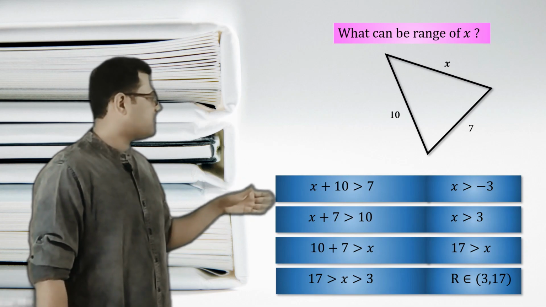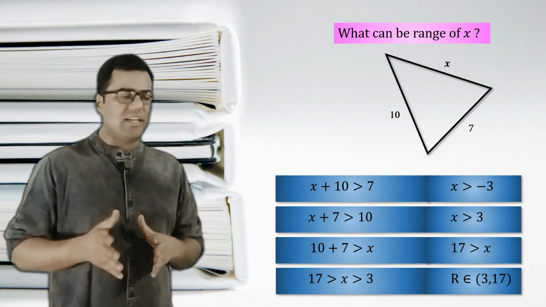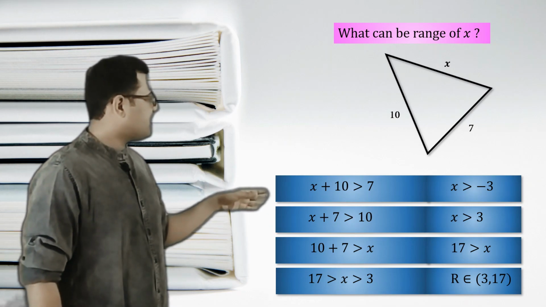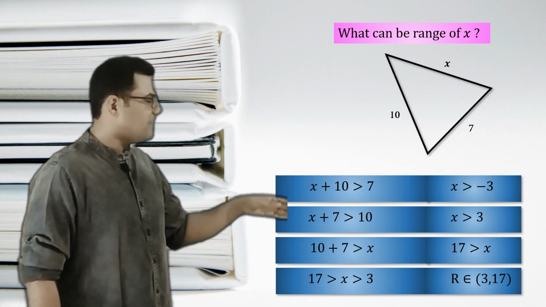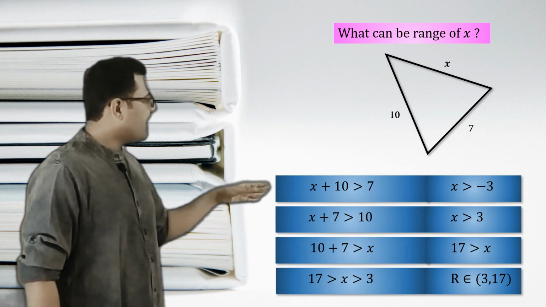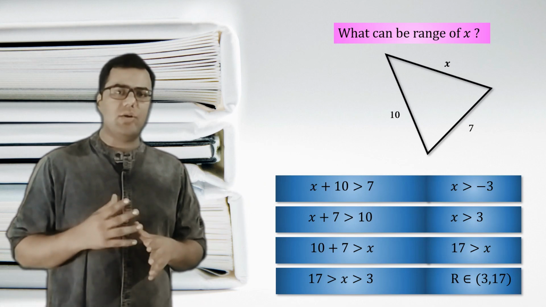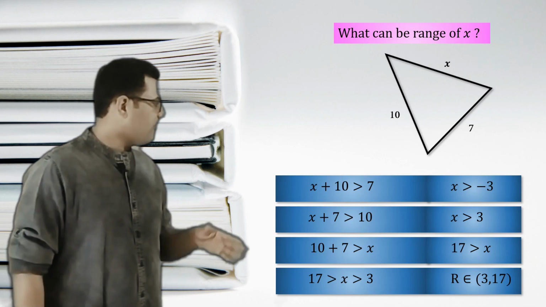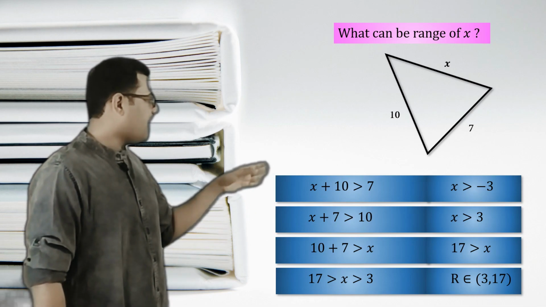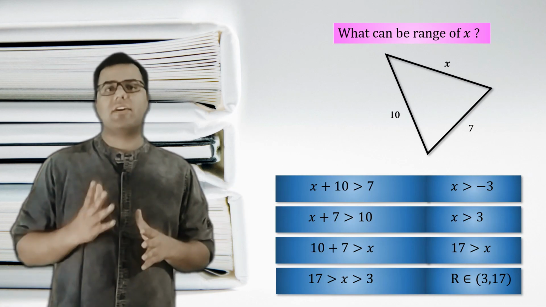Similarly, if someone says the value of X equals 20, then it also cannot be. Additionally, the value of X cannot be 3 or 17 either, because it must be greater than and not greater than or equal to. The sign used in our inequalities is greater than and not greater than or equal to. So if X equals 3, then these three sides can never constitute a triangle.